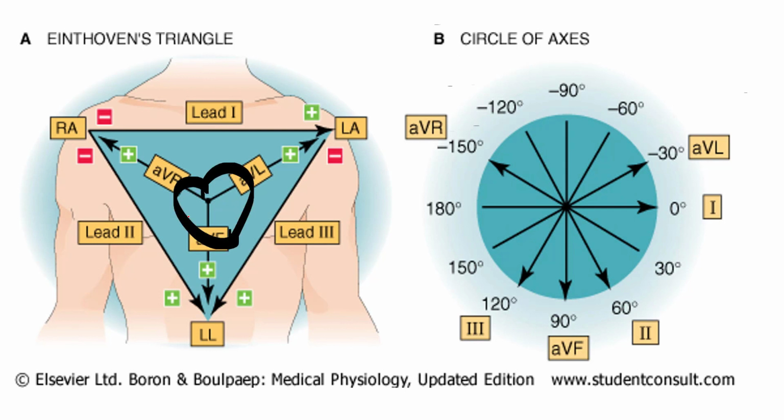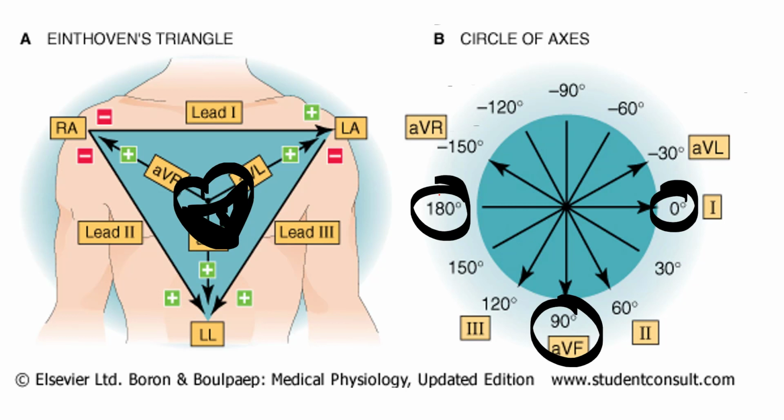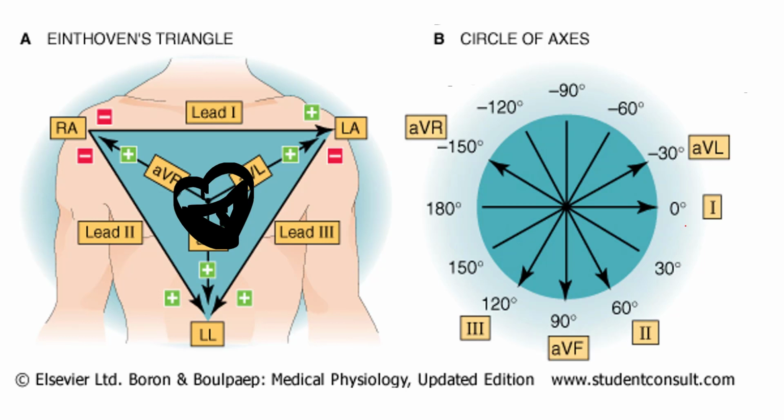So what's the direction of depolarization of the ventricles in our heart? That's the QRS axis. It's expressed in degrees from 0 to 180, and then negative from minus 150 to minus 30. Most patients, though, will have depolarization pretty much between 0 and 90.